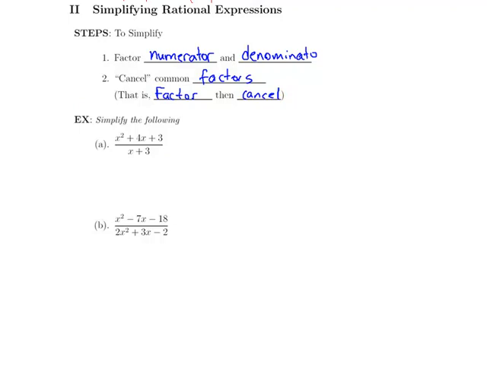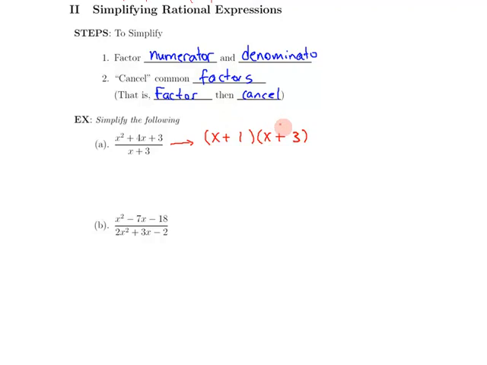So, for example, on this particular problem right here, we're going to first factor the numerator. Okay, we know it's plus and plus, x and x. The only choices for 3 are 1 and 3, and double check that. Does it work?